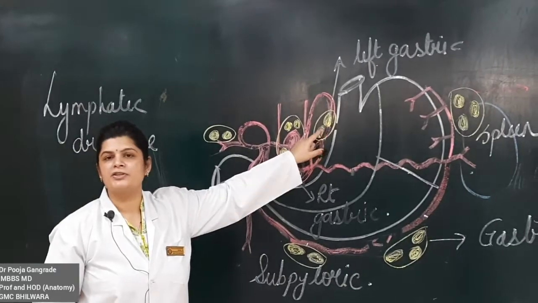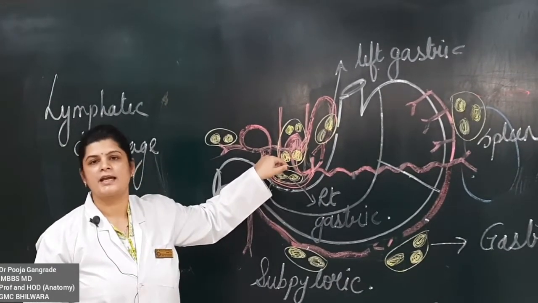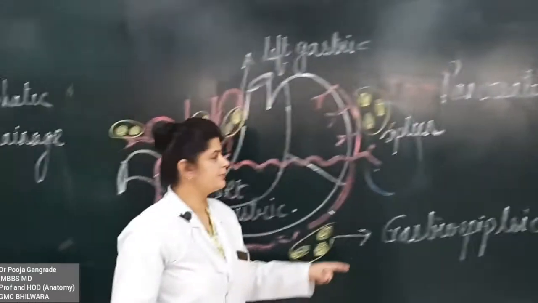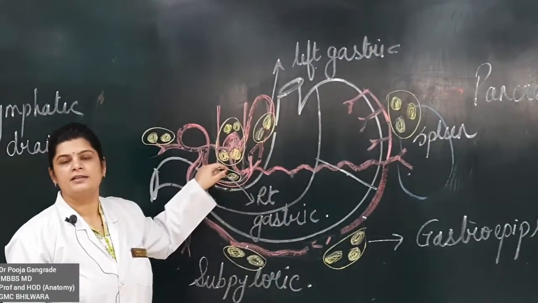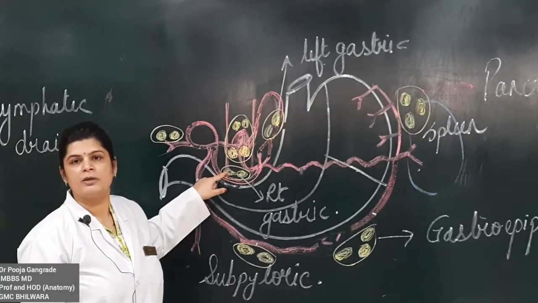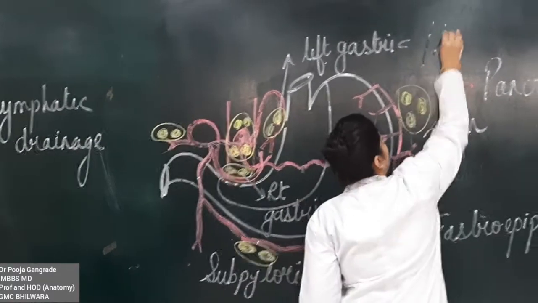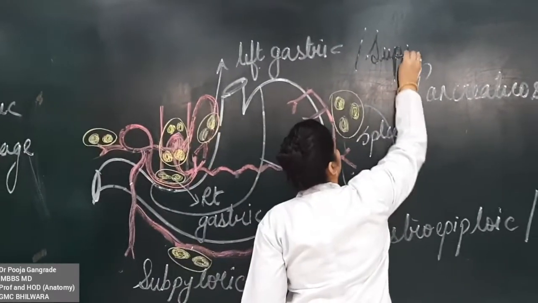Some of the books mention these groups as superior gastric, like this was mentioned as inferior gastric. Together, the right and left respectively will be called the superior gastric group of lymph nodes.